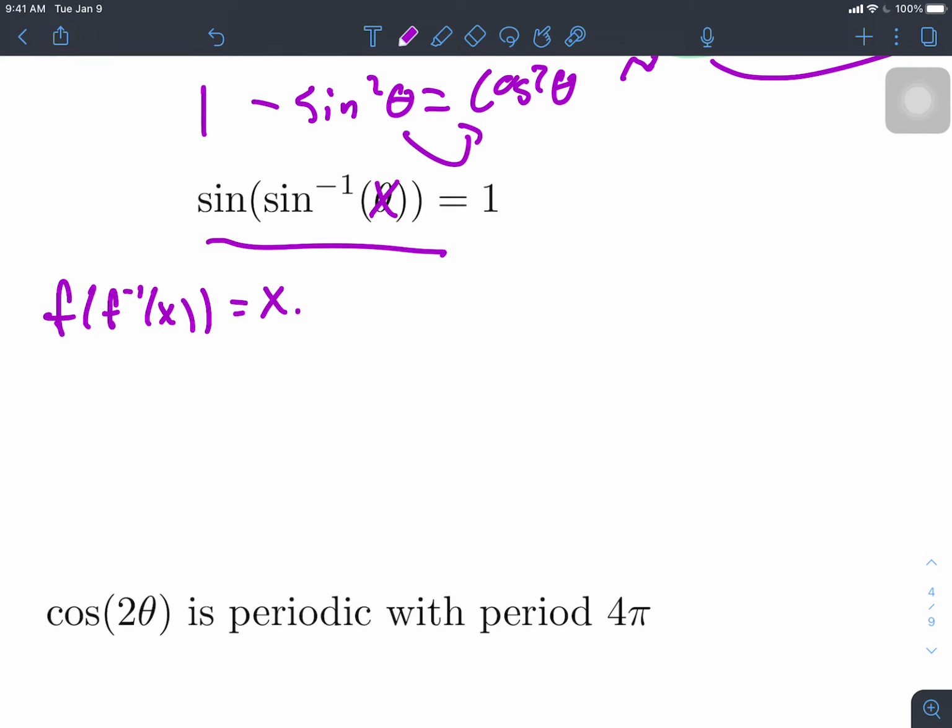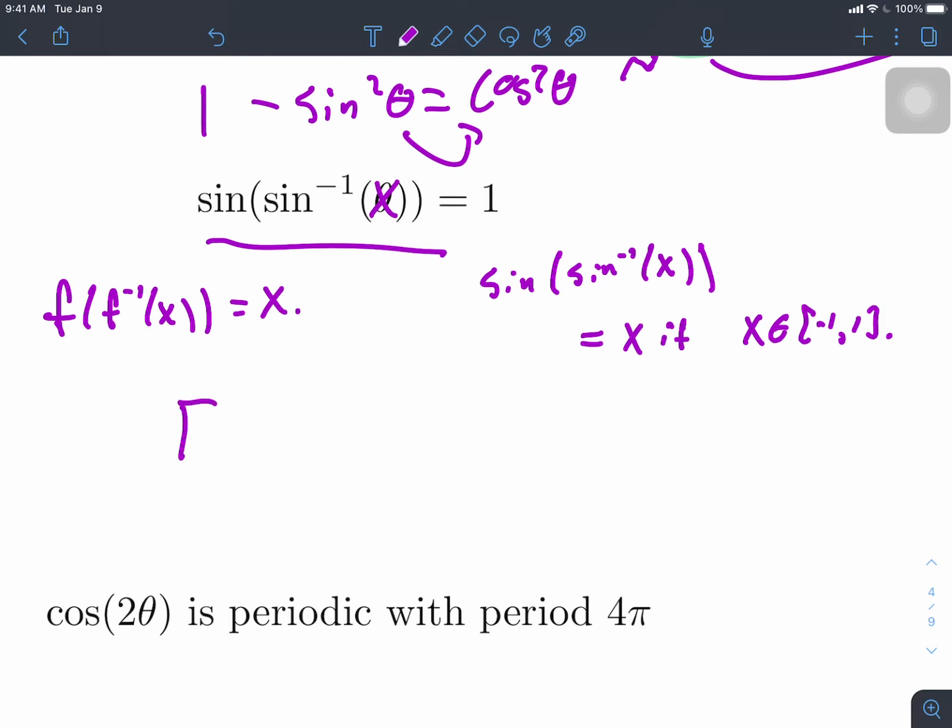So this is basically nonsense. Sine of sine inverse of x would be equal to x if x is a number between -1 and 1. So false is the answer here.